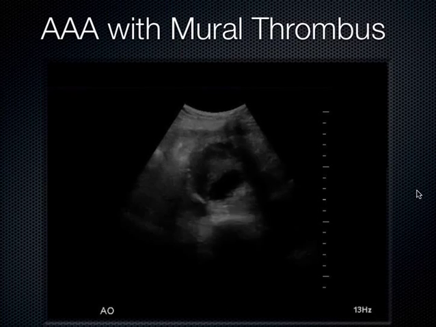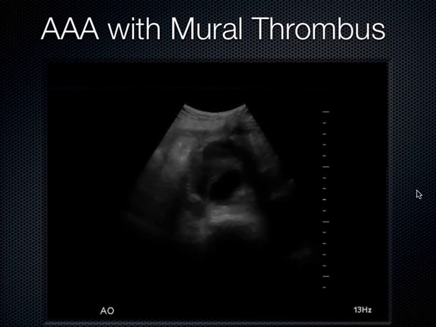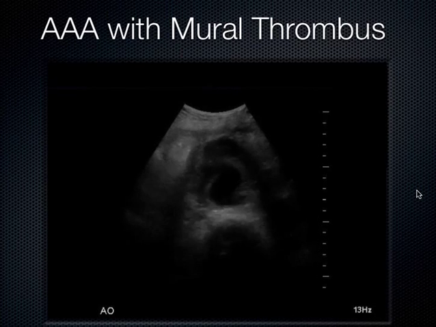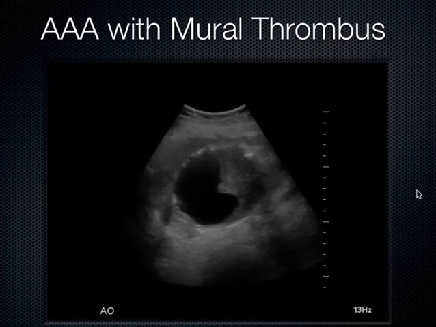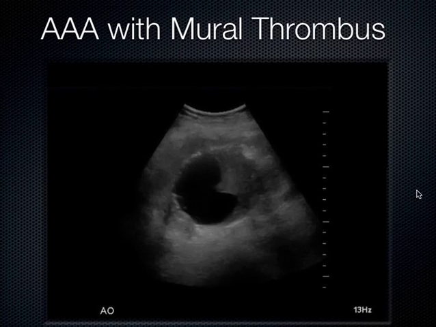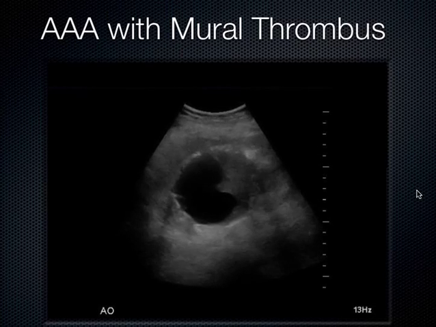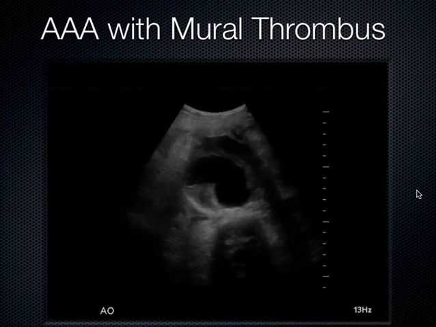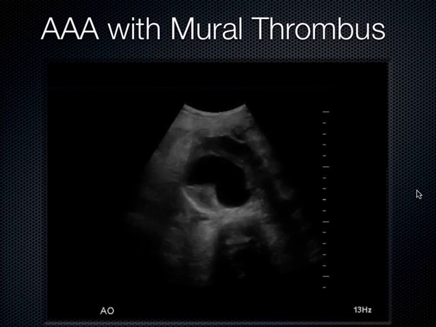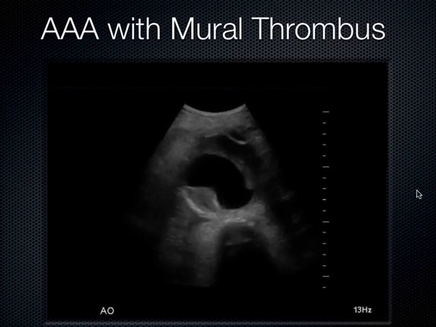As the true lumen of the aorta is pulsating, the mural thrombus is dampening the pulsatility and makes it sometimes difficult to palpate on a physical exam, which is why the physical exam has about a coin toss for sensitivity for picking up an abdominal aortic aneurysm. Even one this large, about 8, 9, 10 centimeters, because of all that mural thrombus, that dampens the pulsatility, making it difficult to pick up on physical exam.